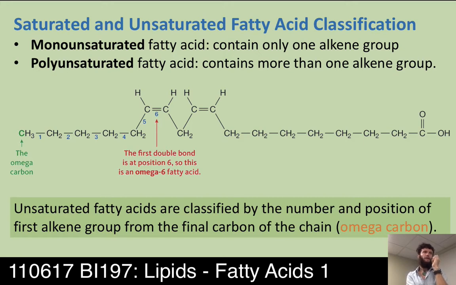I don't actually remember, but it doesn't matter. This fat is called an omega-6 polyunsaturated fat because the 6th carbon-carbon bond from that omega carbon is the first point of unsaturation. All right, it's an omega-6 fatty acid.